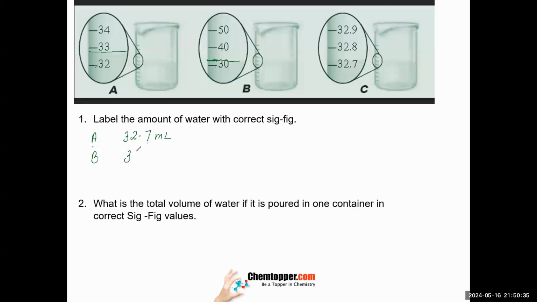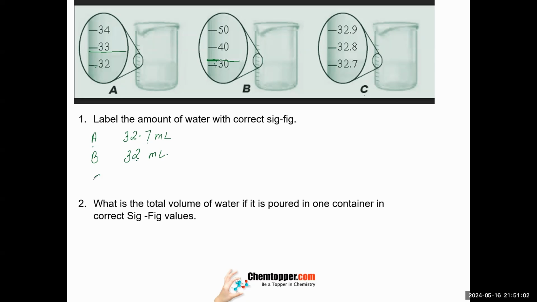So I can say 32 ml. I'm estimating this to be 32 ml. You can estimate it as 33. There can be slight error. Estimations are generally the judgment of the person who is observing it.